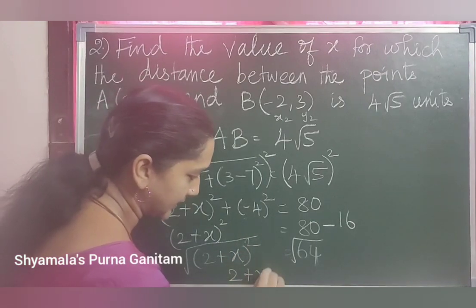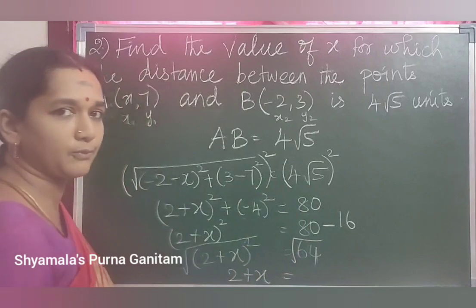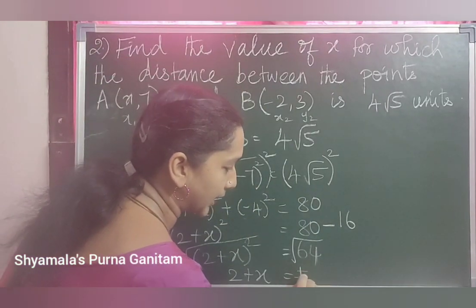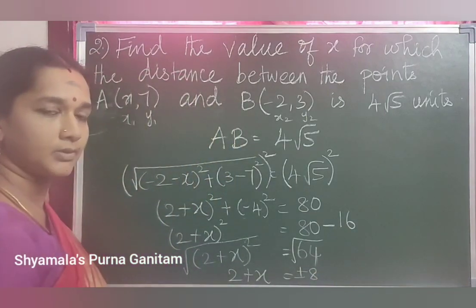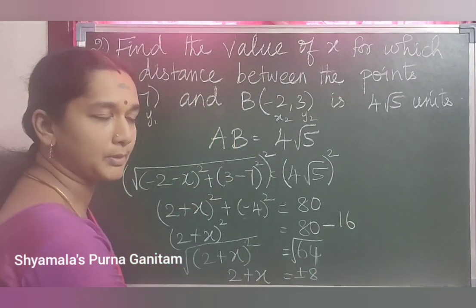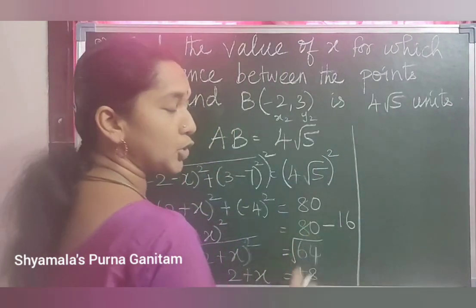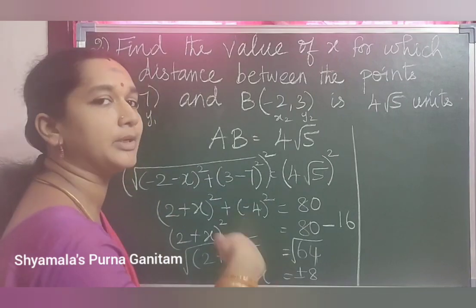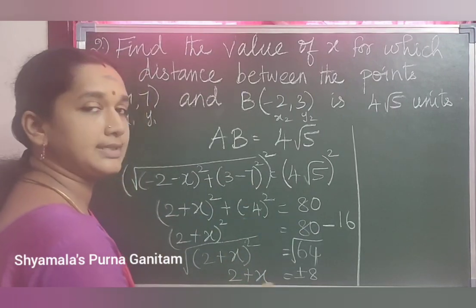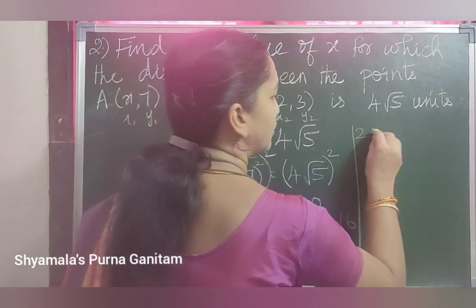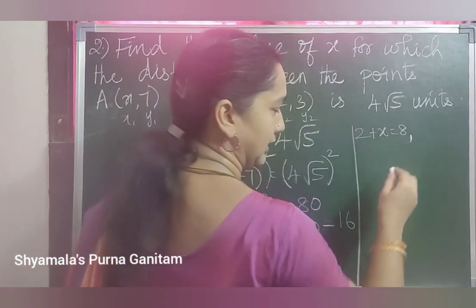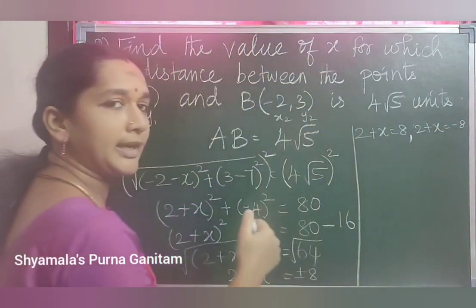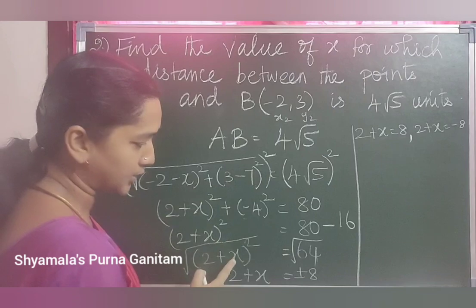So 2 plus x is equal to root 64, which is 8; since it is a root, it will be plus or minus 8. So 2 plus x is equal to 8, and 2 plus x is equal to minus 8. You will get two values, because you have a square here.